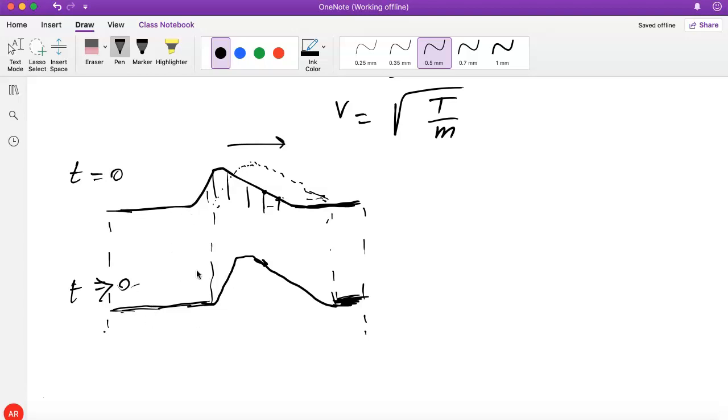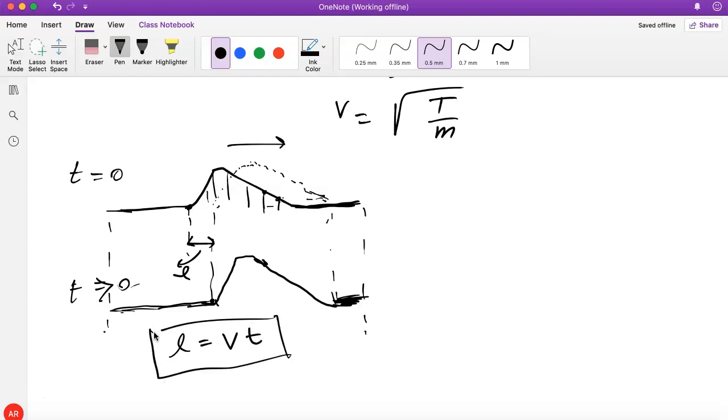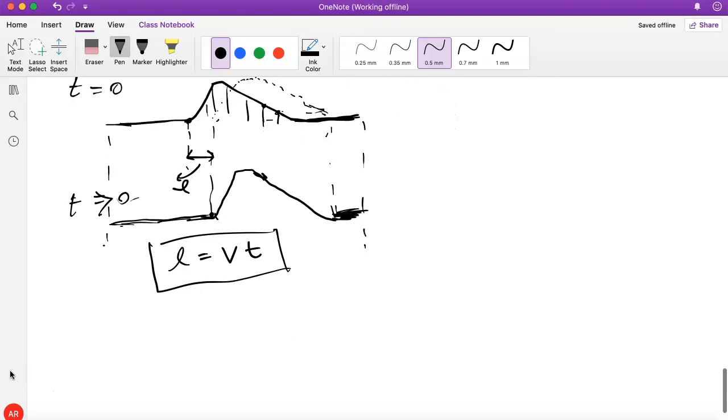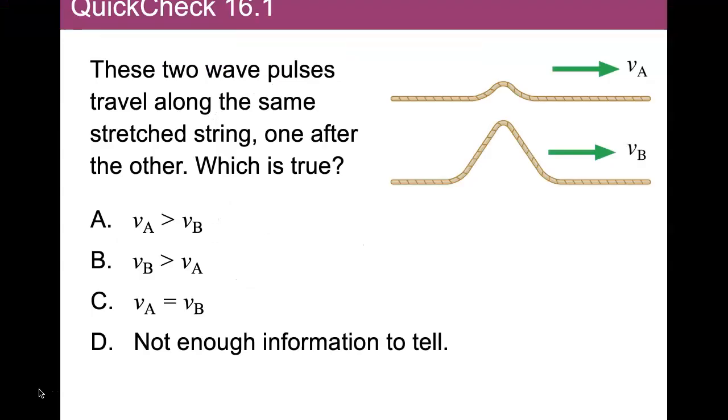Let's say from here to here, this is the beginning of the pulse. Let's call this distance L. So L must be equal to the velocity of propagation times time. Okay? So that's one way of thinking about wave propagation in terms of these snapshot pictures.